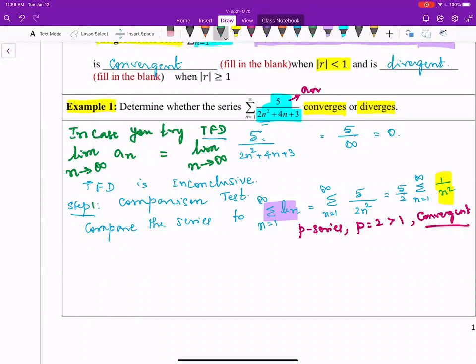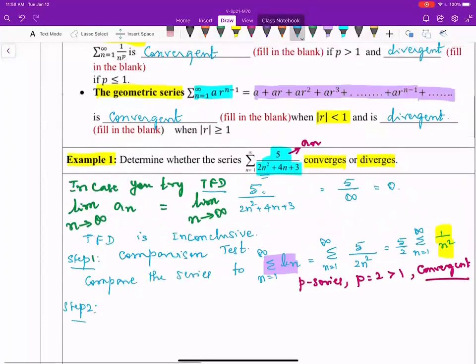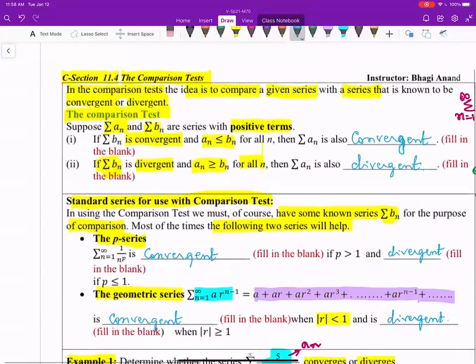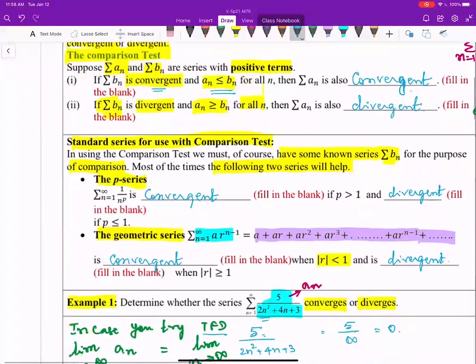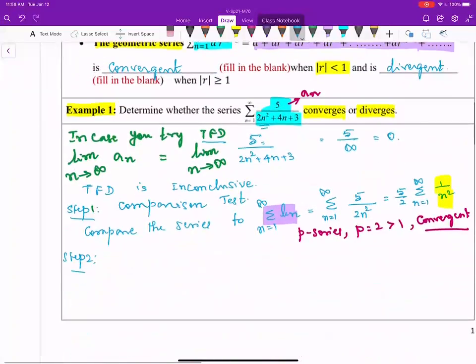And the next step here, if you look at the comparison test, because your well-known series is convergent, you have to establish that an, the nth term of the given series, is smaller than or equal to the nth term of the well-known series for every n.